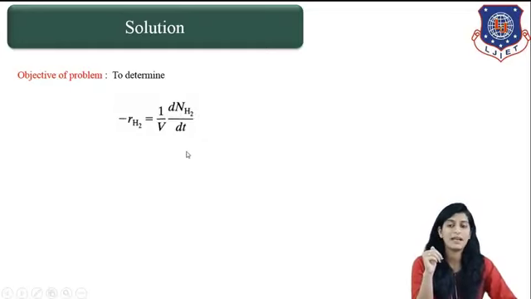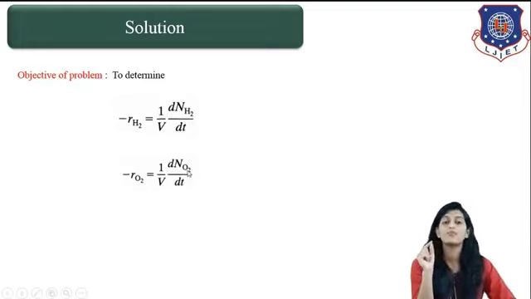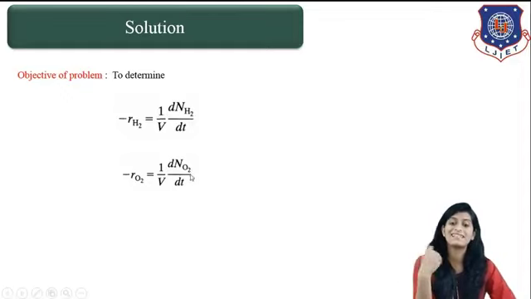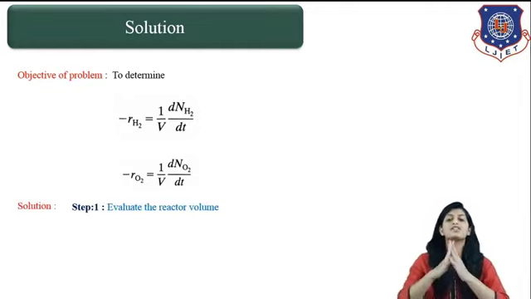We need to determine this value first, and in the same manner, we need to determine the rate of disappearance of oxygen. This is the number of moles of oxygen which is disappearing with respect to time. So now let's start with the solution part. The first step we need to do is to evaluate the reactor volume.